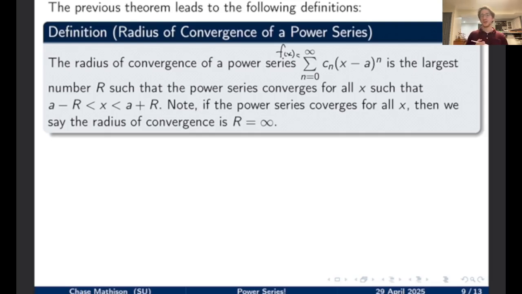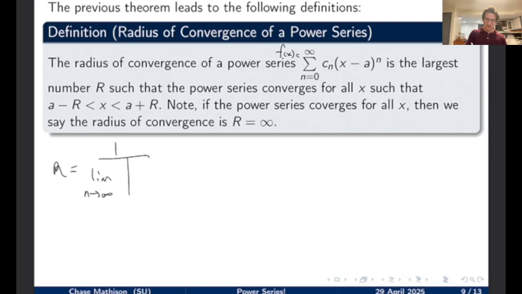And if the power series converges for all x, then we say r is equal to infinity. And technically, we found a formula for r, right? Technically, we found that r is equal to 1 over the limit as n approaches infinity of the absolute value of cn plus 1 over cn. Now, I would not memorize this if I was you. I would just use the ratio test. I always just use the ratio test to find a radius of convergence.